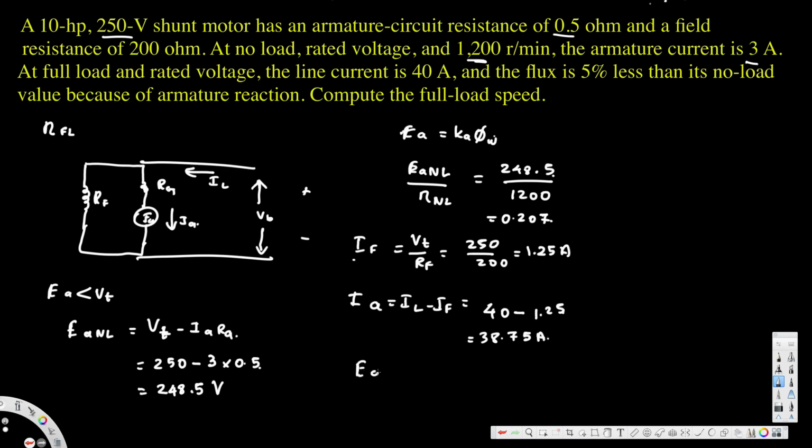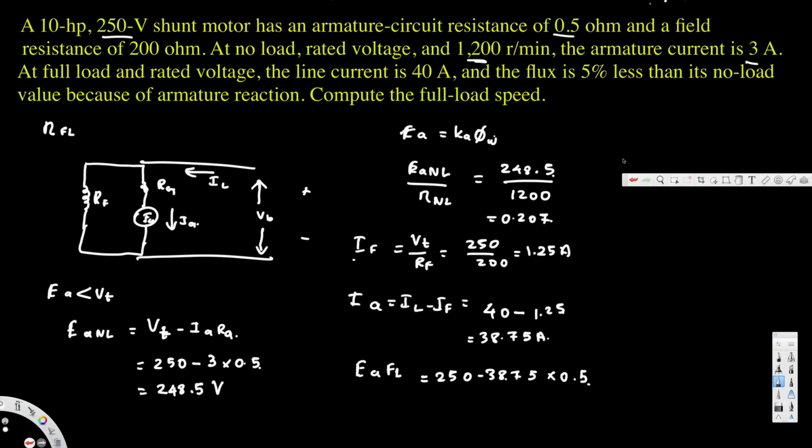And EA full load is equivalent to 250 minus 38.75 times 0.5. We use the same equation as here, VT minus IA times RA, where here we use the full load armature current, IA, which is IL minus IF, and that gives us EA full load.